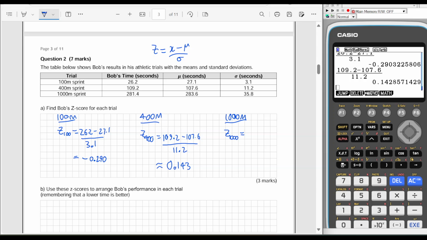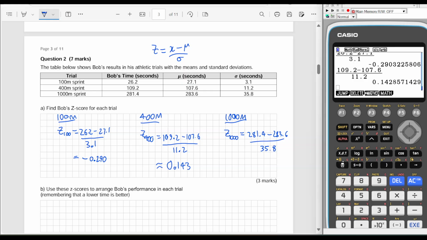And Z of 1000 is 281.4, 283.6, and 35.8. So we'll work that one out. Wonderful. Minus 0.061.